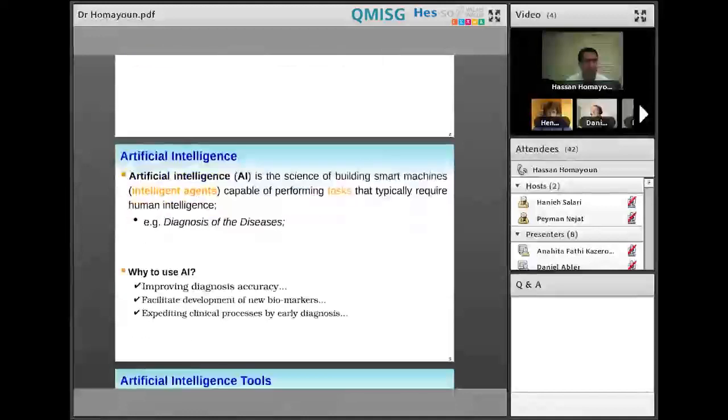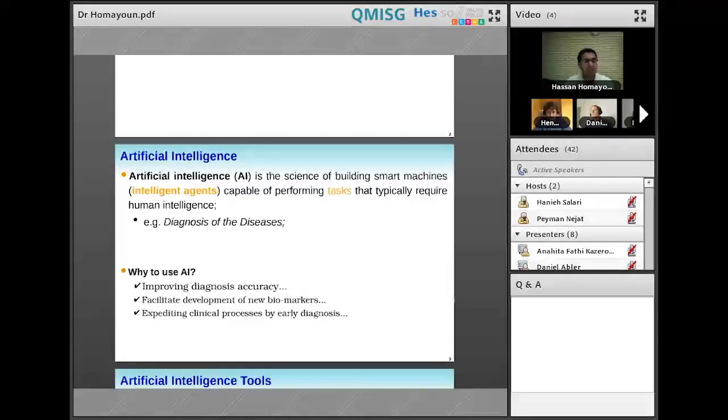First, a definition of artificial intelligence. Artificial intelligence is the science of building smart machines capable of performing tasks that typically require human intelligence. One of those tasks that require human intelligence is diagnosis of diseases. Why are we going to use AI for diagnosis of diseases?